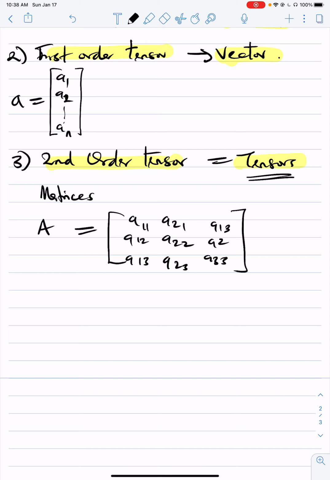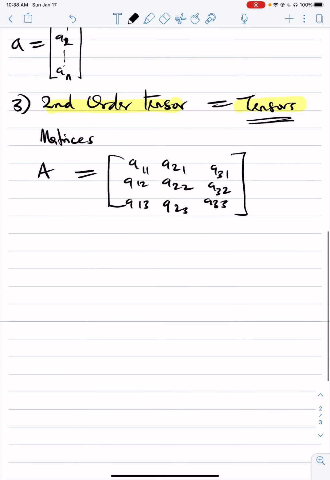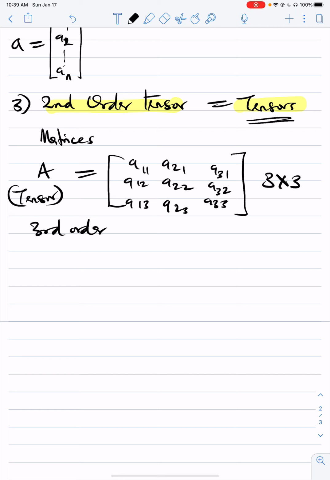Okay, sorry. So basically, this is a tensor, but more often than not, you call it a matrix. Now, a third order, you guessed right. This is a 3 by 3 matrix.